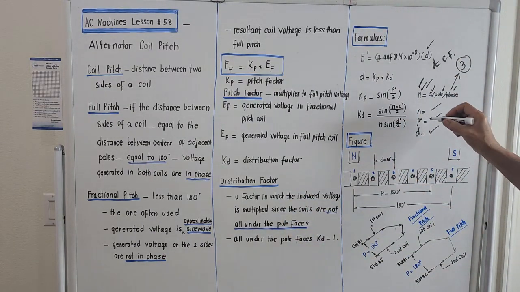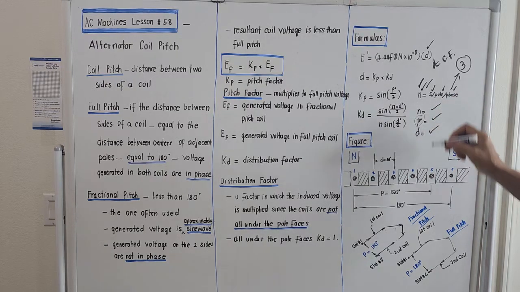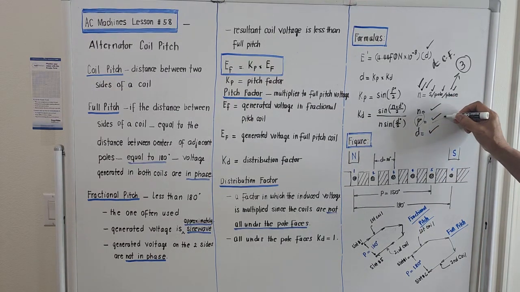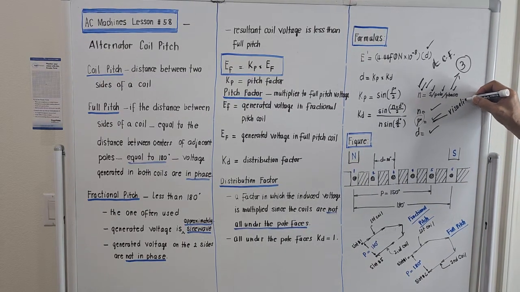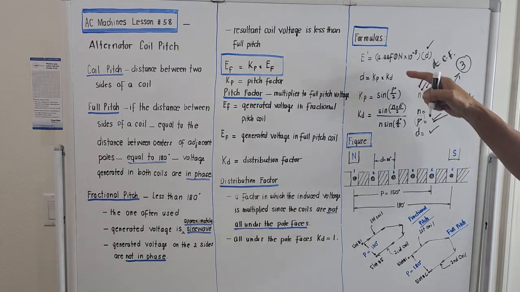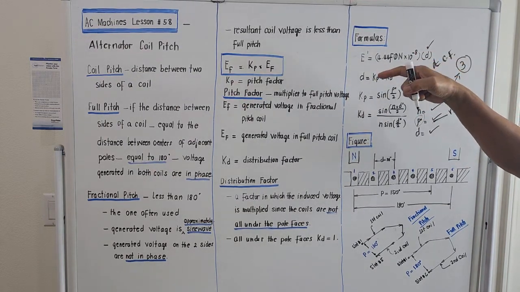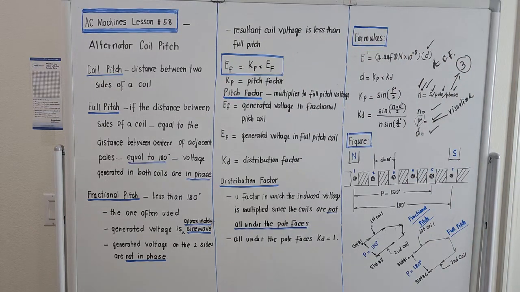How about the value of P degree? We must visualize this one. If we cannot visualize it, it's hard to understand what is involved in the derived equation. About the value of small letter d, we must also visualize it.